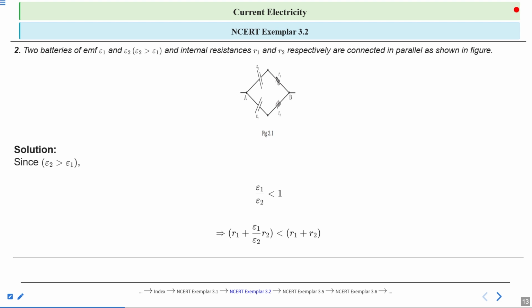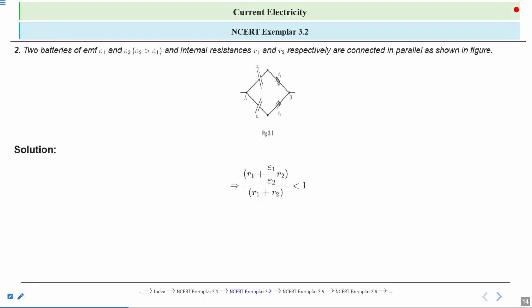Okay, you all understood this? This left hand side, R1 plus epsilon 1 upon epsilon 2 R2, will be less than R1 plus R2, because epsilon 1 upon epsilon 2 is less than 1. So the ratio of R1 plus epsilon 1 upon epsilon 2 R2 upon R1 plus R2 will be less than 1, because the numerator is less than the denominator.